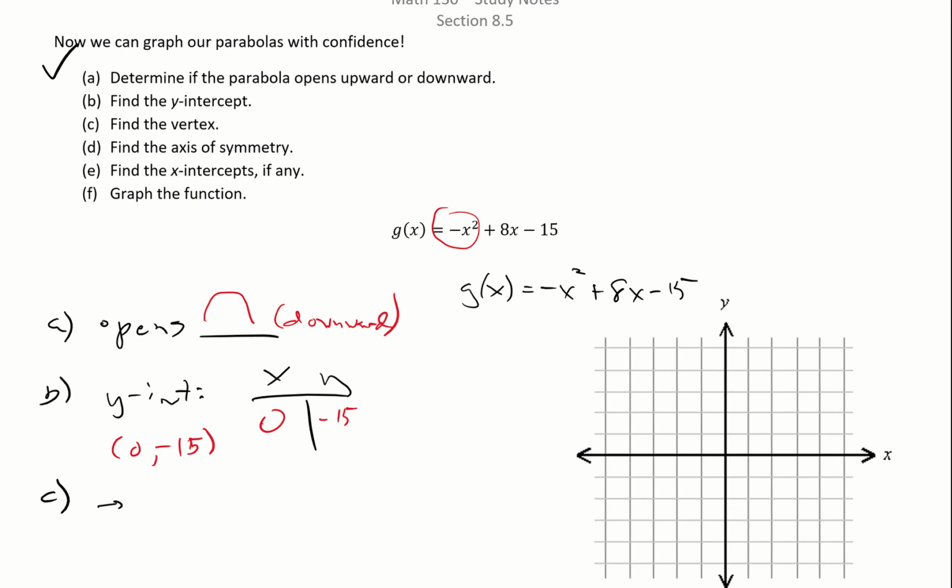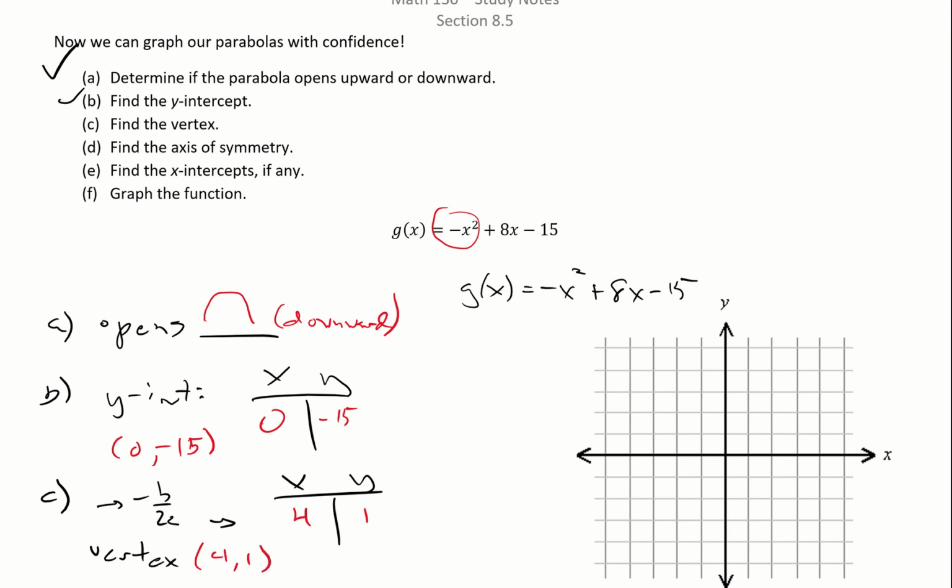C, what's the vertex? Oh gosh, we did that one. We got to go minus b over 2a and then plug. When we did that work, we found 4, and then we plugged in for y to find 1, and that was the previous problem we just did, the vertex is 4, 1.